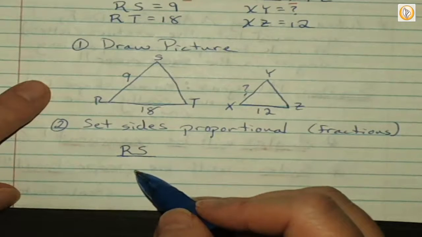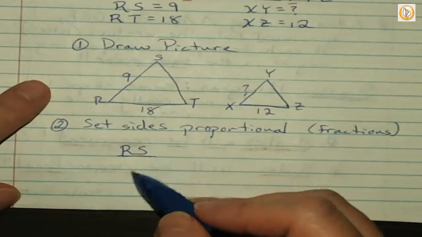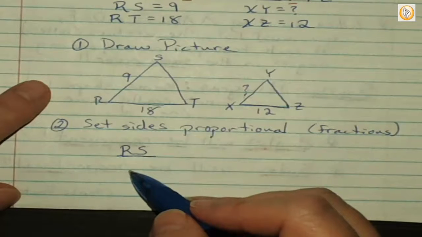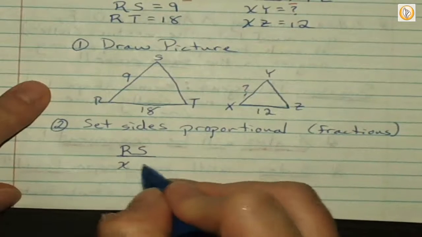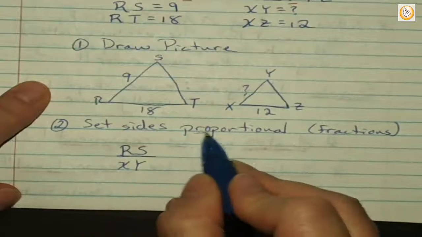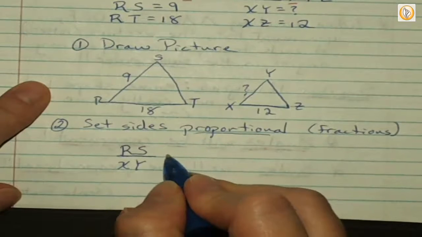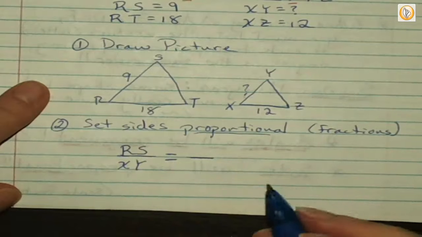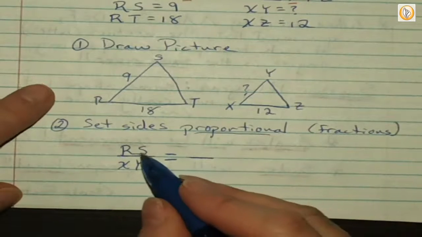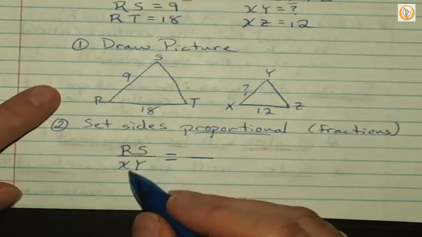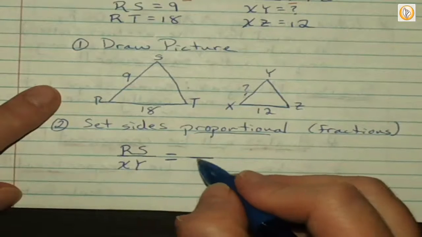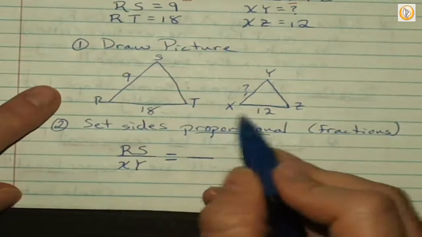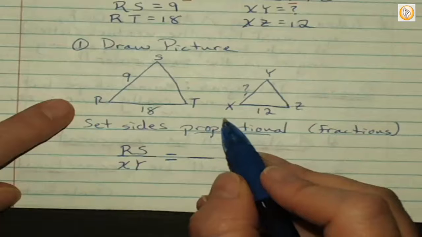What side do we put on the bottom? XY. Yes, XY. Now we're setting up a proportional. Proportional is done like this. We're comparing sides. So we put the large on top, small on the bottom. Does everyone see that?